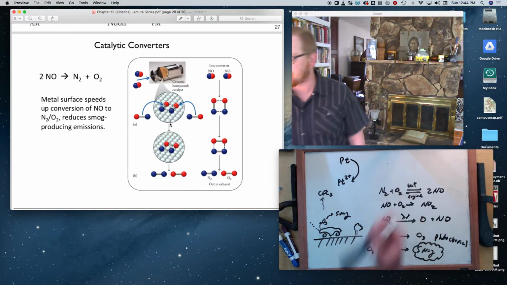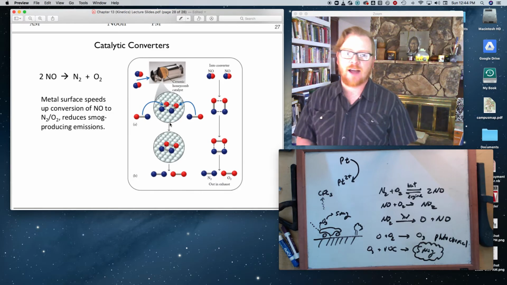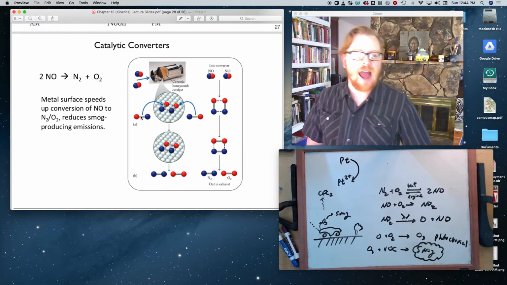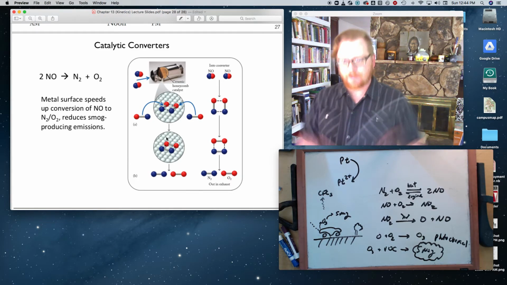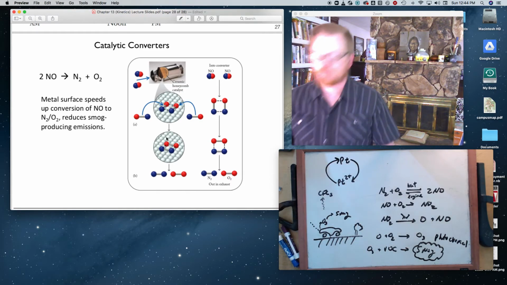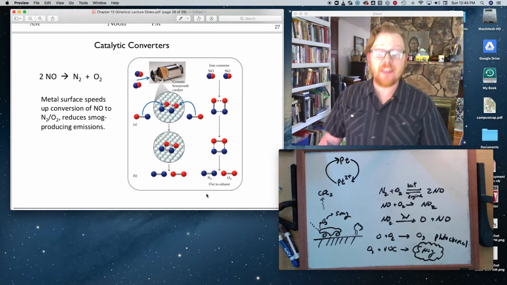Because the platinum is giving away electrons, it is being oxidized, so it's functioning as a reducing agent, all right? And then this rearrangement happens where now, instead of having NO, the nitrogens and the oxygens are aligned. When this happens, the electrons are given back to the platinum, and then nitrogen and oxygen get put out in the exhaust.